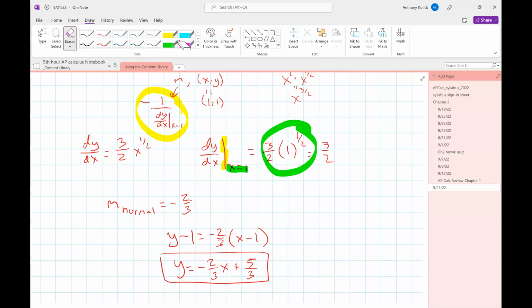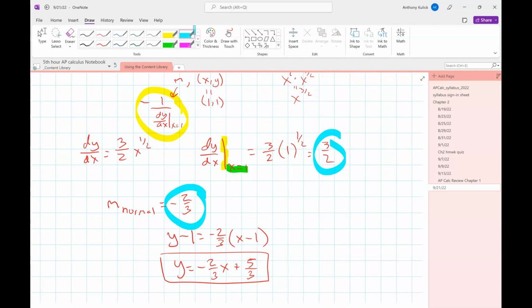Of 3 over 2? Oh, that's the negative reciprocal of the slope of the tangent line, right? Why is it the negative reciprocal? That's how two lines that are perpendicular work: their slopes are negative reciprocals.